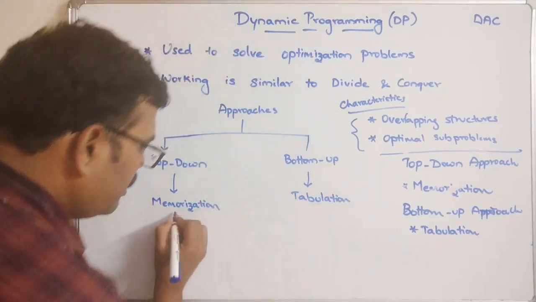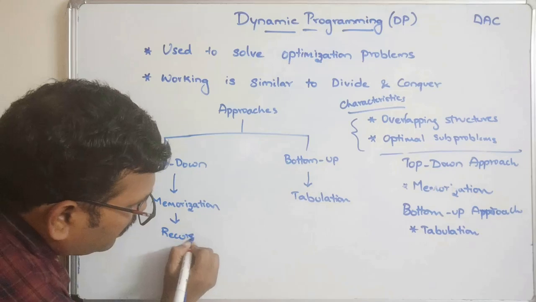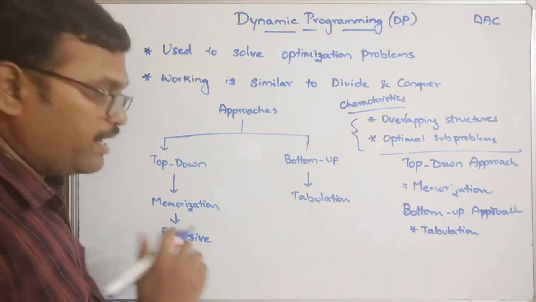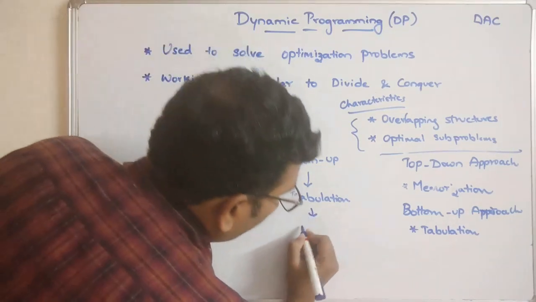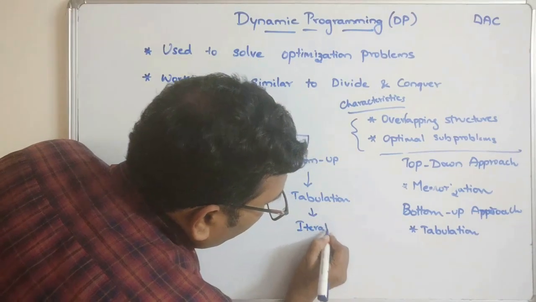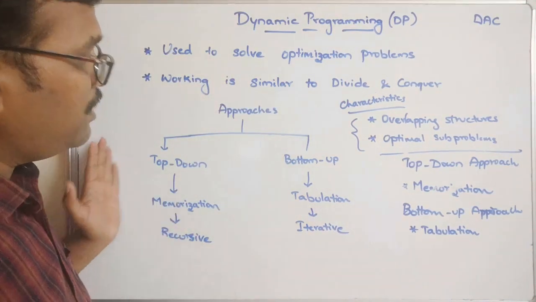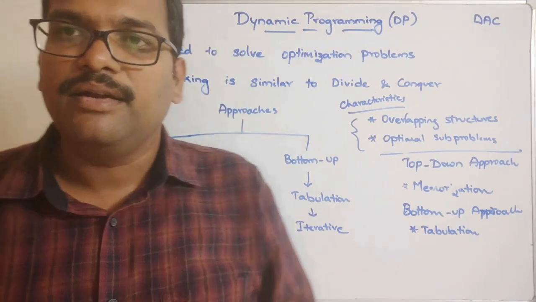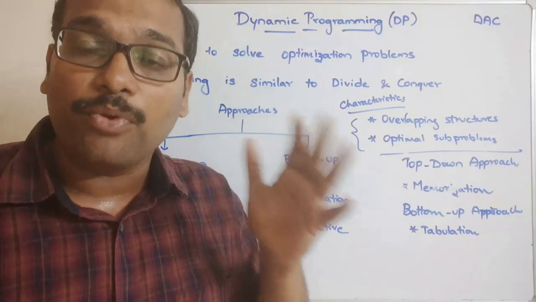And here we'll use a recursive function. Every subproblem will be solved by using recursion, and here this recursion will be avoided and it will be iterative, right? So these are the different approaches to solve any problem using dynamic programming.